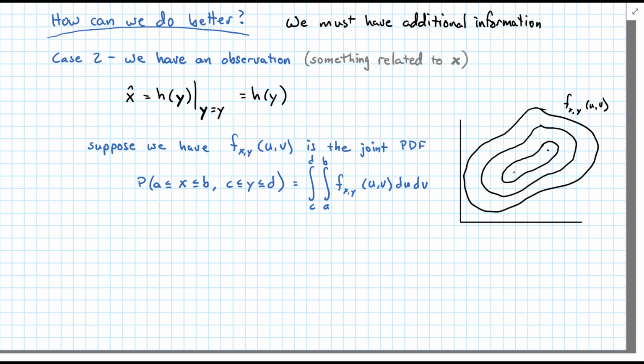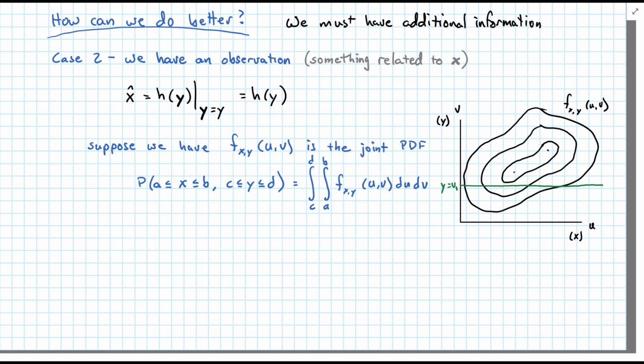What the joint PDF gives us is if we have some observation of y, which will be on this axis, and we want to learn something about x, which is on the x-axis, then we can choose a particular value of y, which we'll call y equals v1.